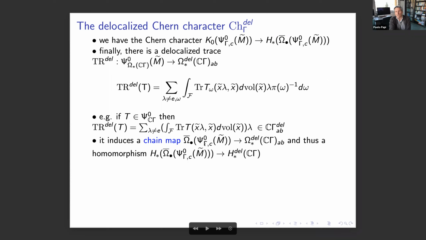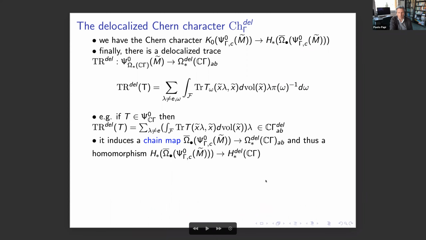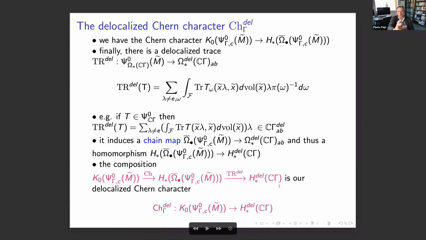Okay. So of course here there are things to check, but the upshot of this is that you can compose these two maps, and this allows you to pass from the K-theory of the zeroth order pseudo-differential operators to the delocalized non-commutative Dirac homology of C gamma. And the last line is the summary of what I just defined.